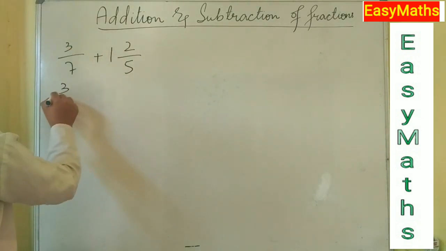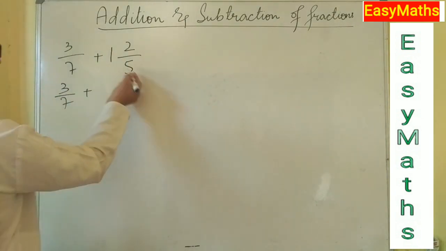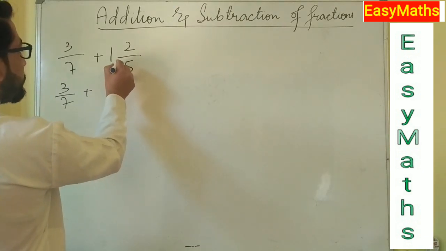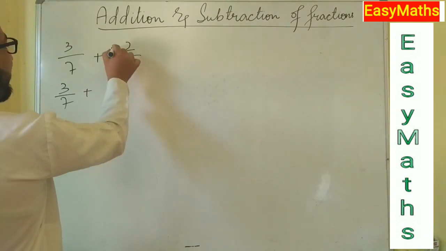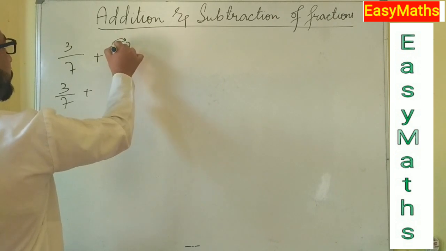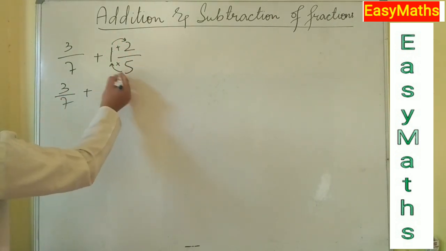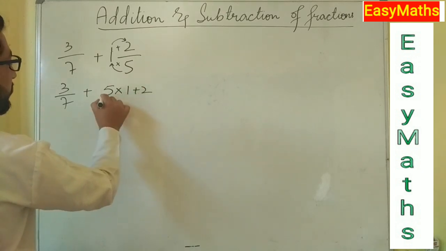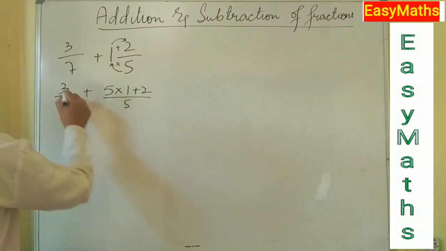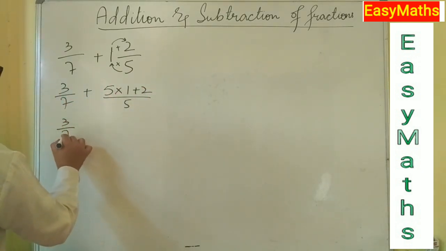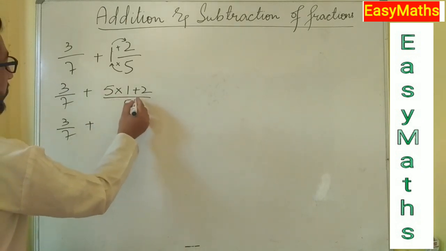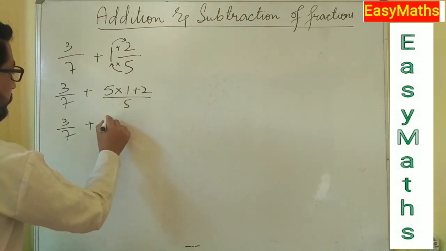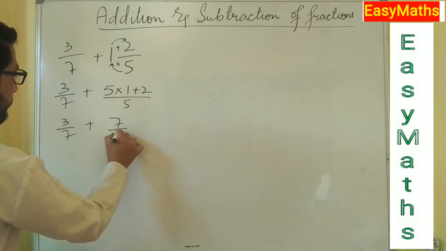What we are going to do, as you all know, multiply this denominator to this and add this one then to this. So 5 multiplied by 1 plus 2, and our denominator will be same. So 3 by 7 plus 5 ones are 5, plus 2 is 7 by 5.